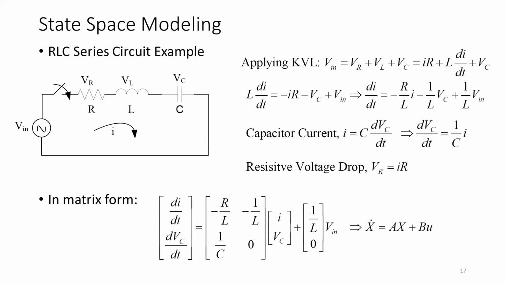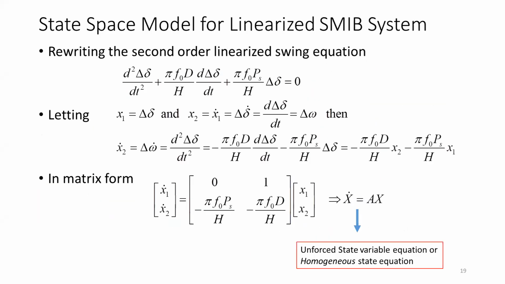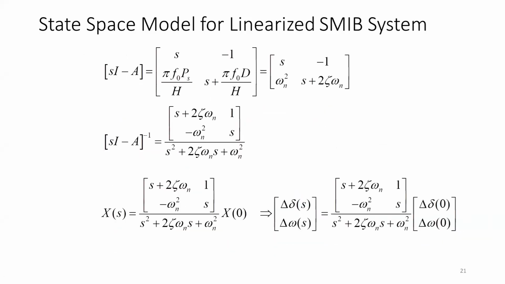So in the last class, we started with the state space modeling. And then we saw what is the significance of homogeneous state equation or unforced state variable. We covered these things. Then moving on, we derived this expression, I believe. Up to this, we completed.